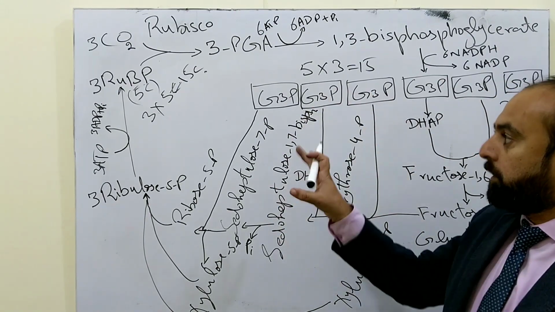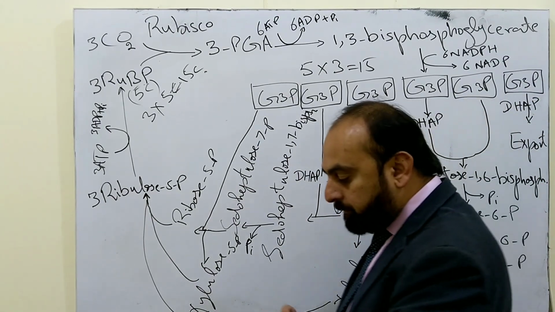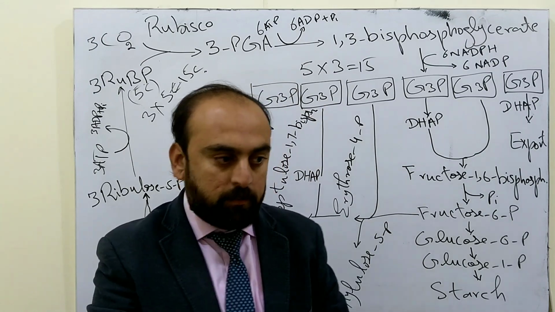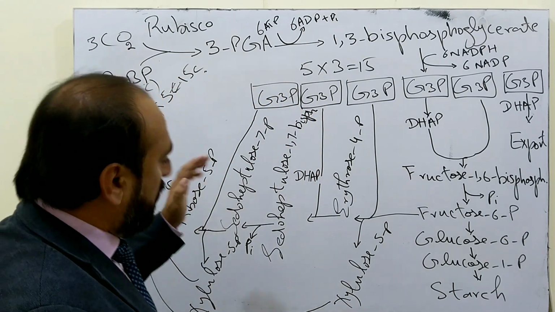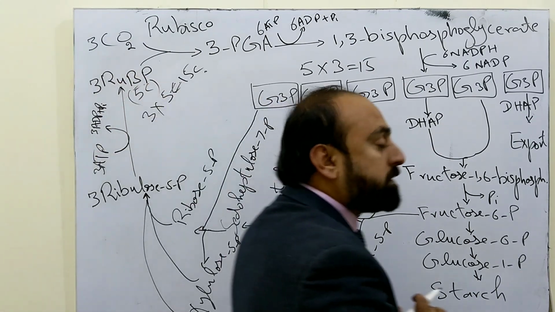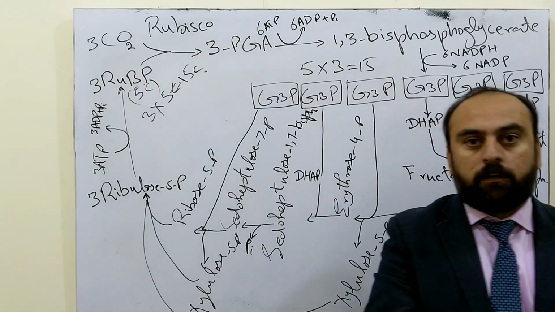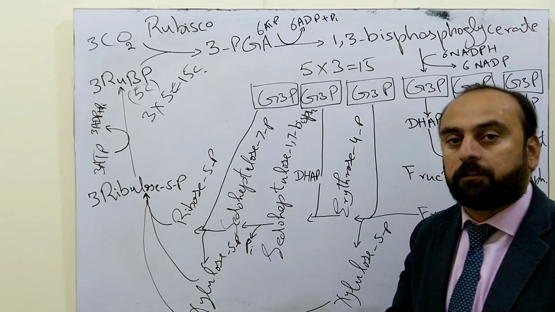So we have worked out how it reacts with carbon dioxide in the C3 cycle or Calvin cycle. In the next lecture I will discuss how it interacts with oxygen and what the consequences of Rubisco interacting with oxygen are.